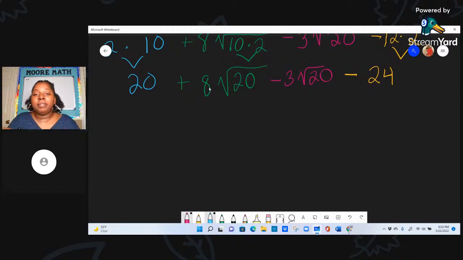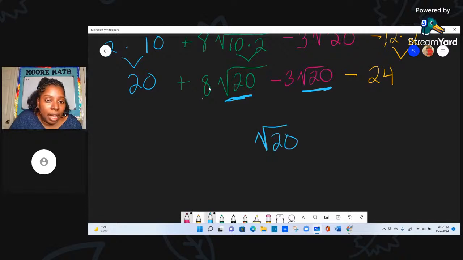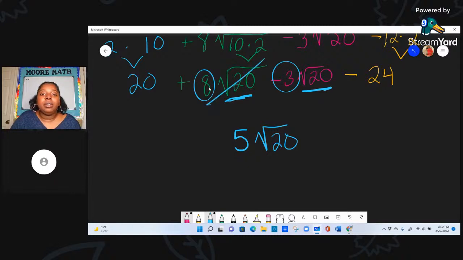When you're adding, you can only combine the square roots that have the same number under them, right? So it's still going to be square root of 20, but I can change this. What's 8 minus 3? 5. So it's going to become 5 square root of 20. Okay. So those are done. Great.